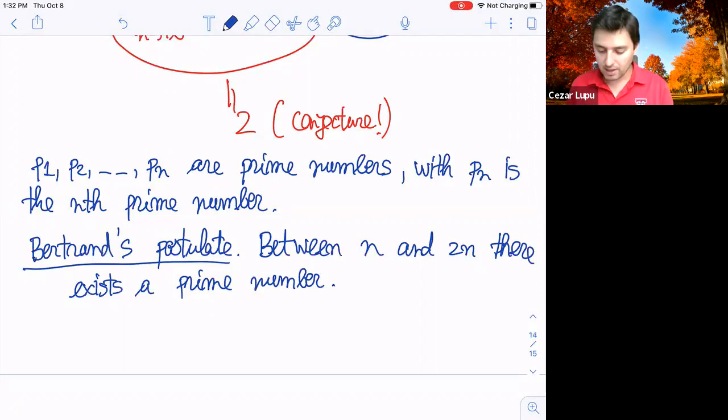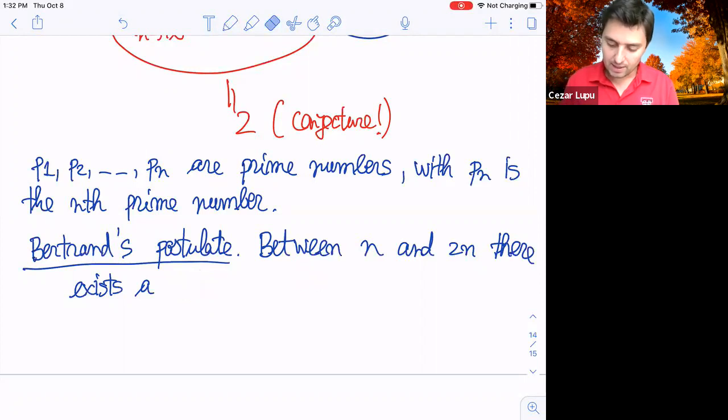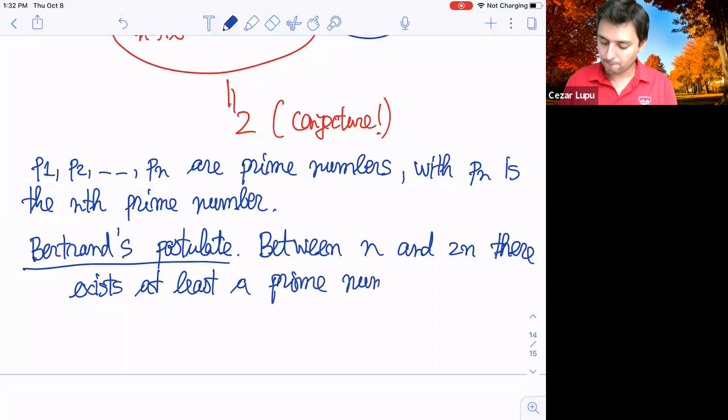So there exists at least a prime number. And I will rephrase this a bit.